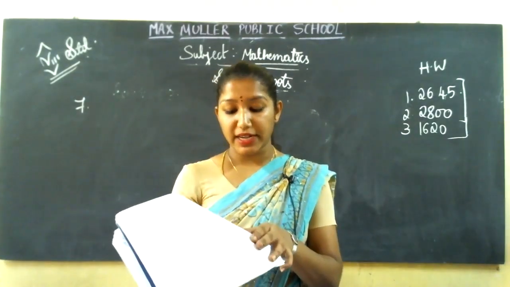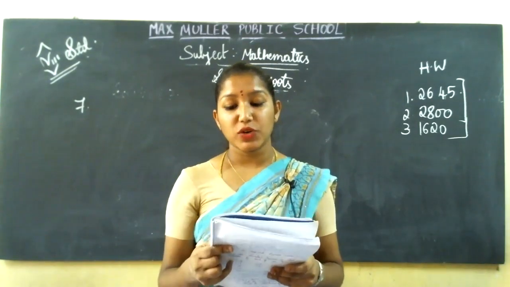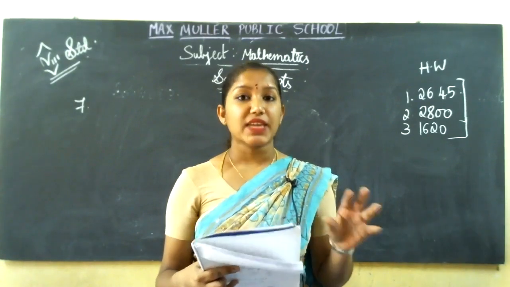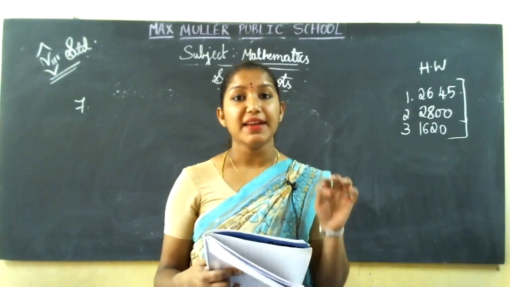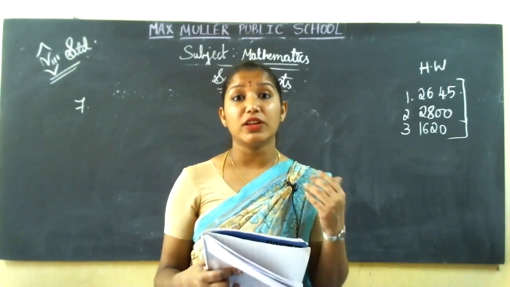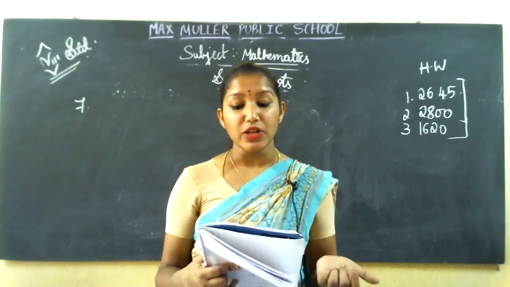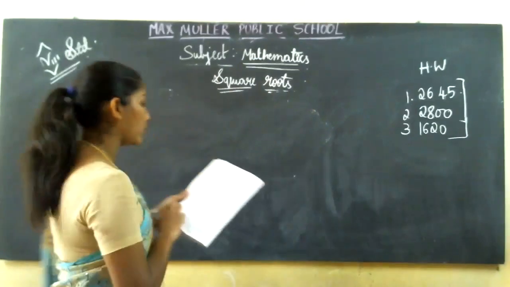Each student donated as many rupees as the number of students in the class. Find the number of students in the class. So you have to find the total strength of the class.